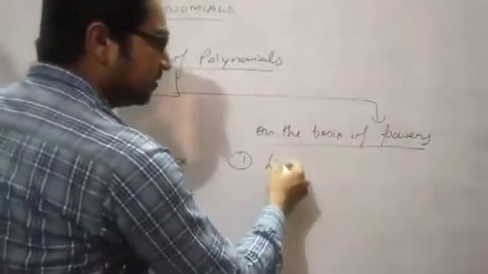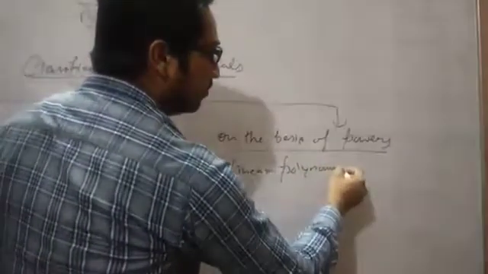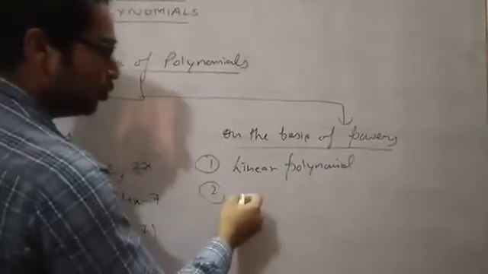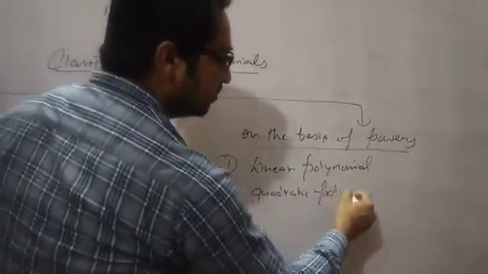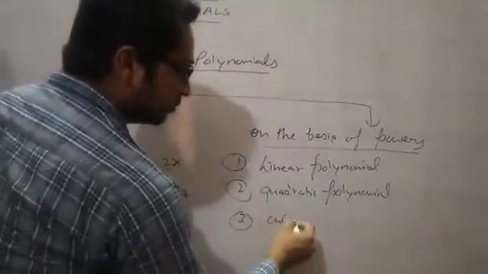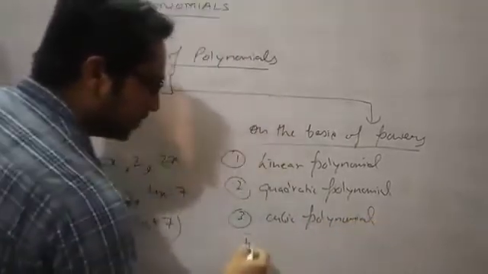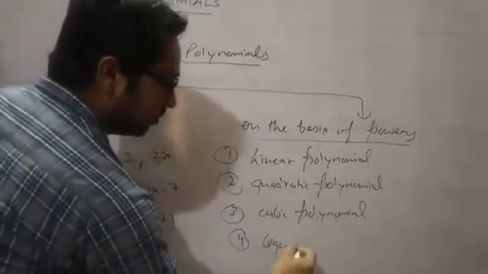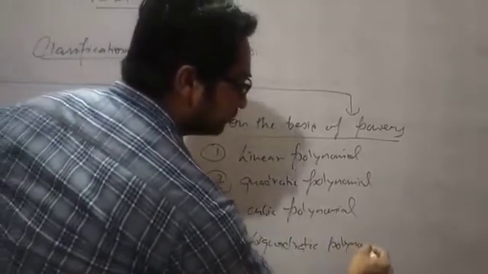Number 1, linear polynomial. Number 2, quadratic polynomial. Number 3, cubic polynomial. And number 4, biquadratic polynomial.